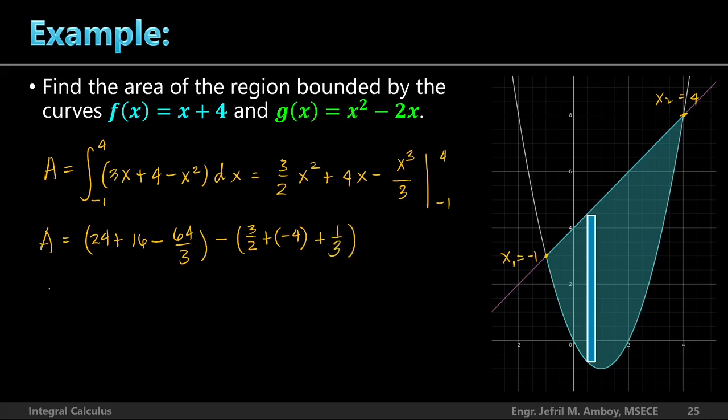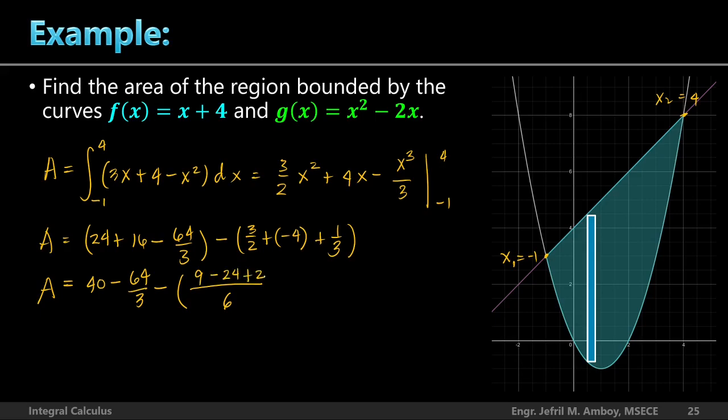Now, let us simplify this expression. The area is now equal to 24 plus 16 is 40 minus 64 over 3 minus, so dito ang common denominator natin ay 6. 6 divided by 2 is 3 times 3, that's 9. Then 6 divided by 1 is 6 times negative 4, that's negative 24.